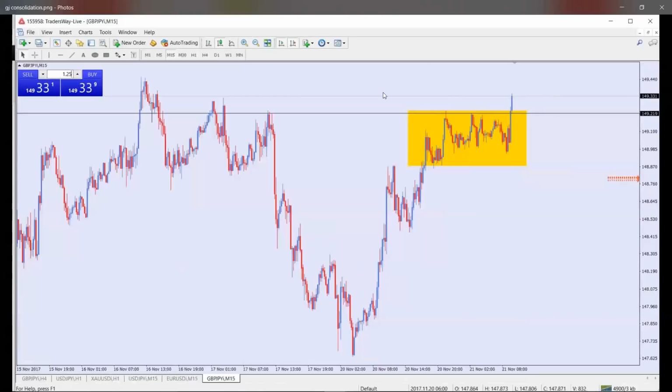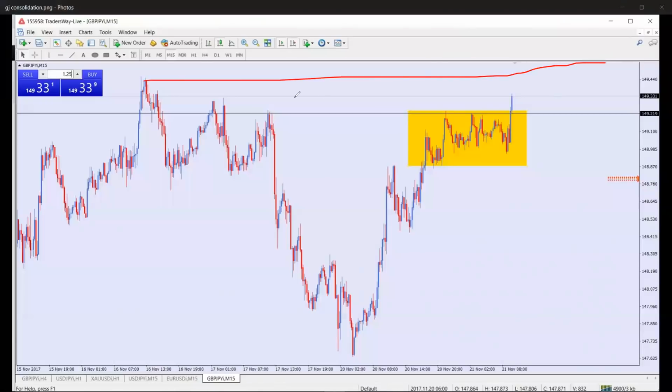Okay, and so I didn't take into consideration this resistance. I don't know whether you guys see it. This supply zone as well. I was so dumb, because I took the buy trades here instead of waiting for the retest, because I was afraid I'd lose the trades. The fear of missing out.